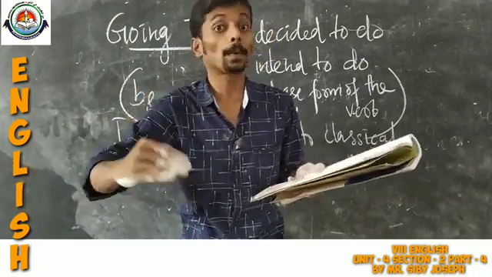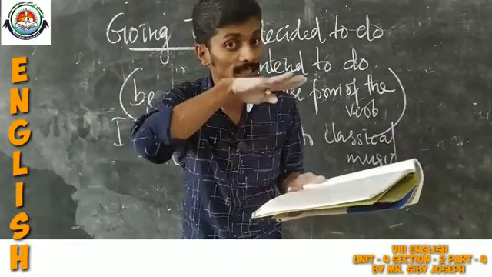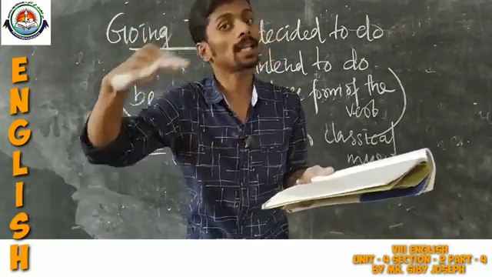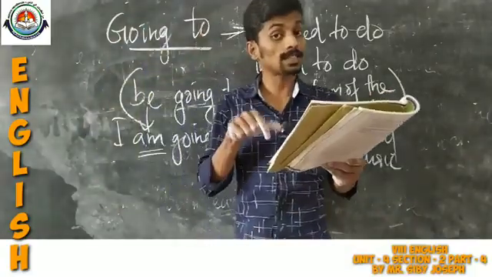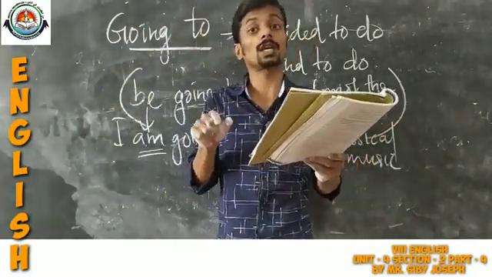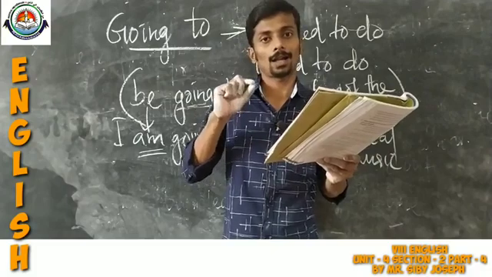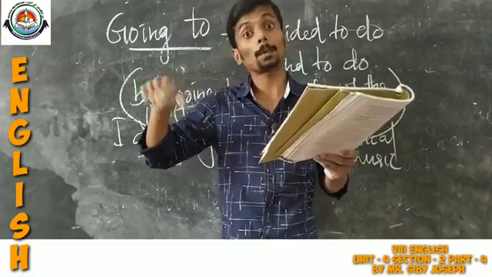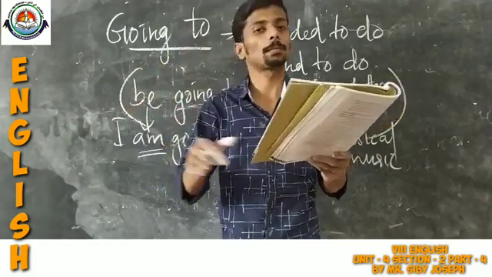That means there is a probability of it happening. The action is not completed, but there is a probability of that action happening. Here in this situation, going to is used with a meaning that there is the probability of happening something.